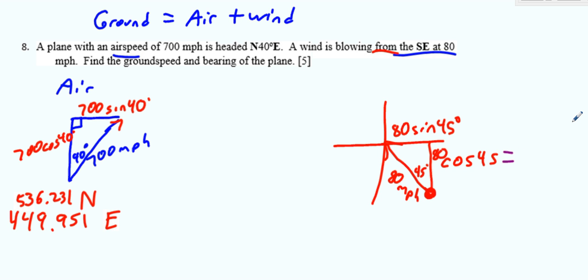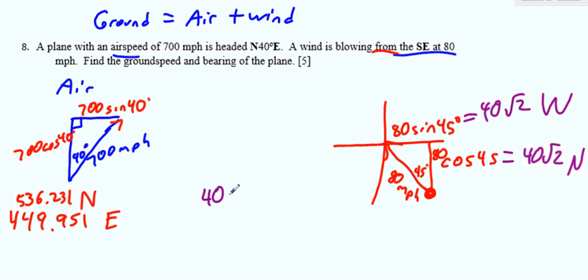It's square root of 2 over 2, which means this is 40 square root of 2 in the north direction, and this is 40 square root of 2 west.